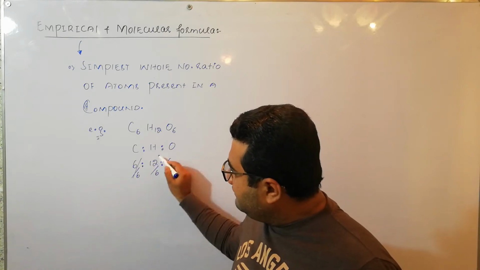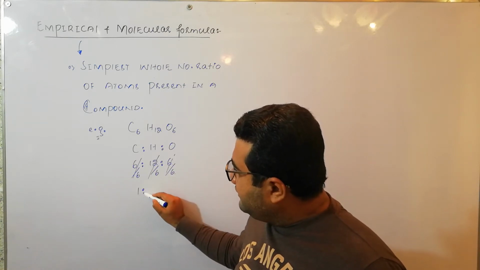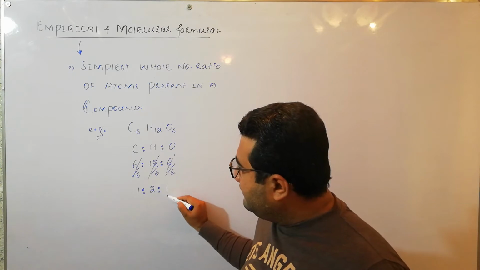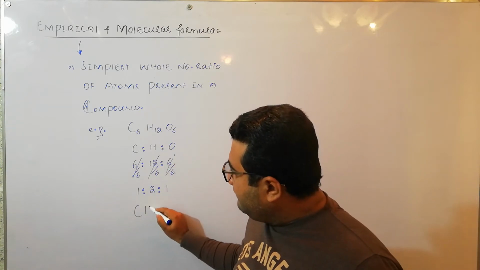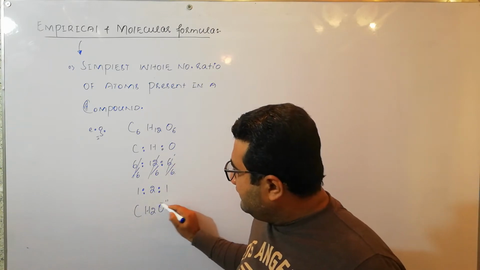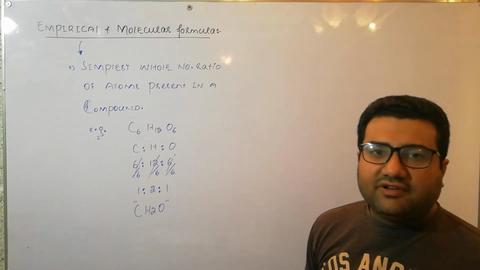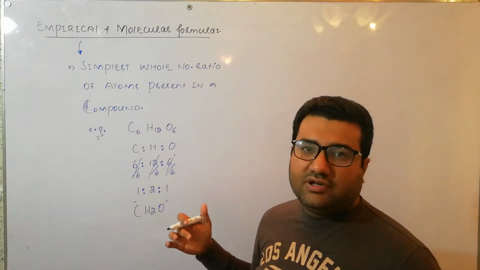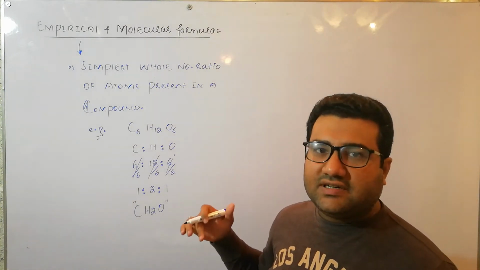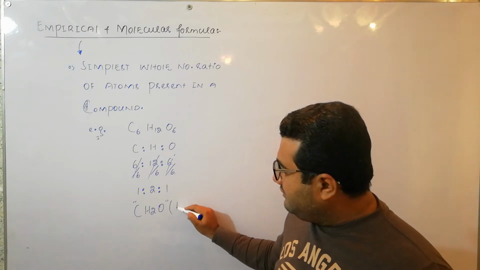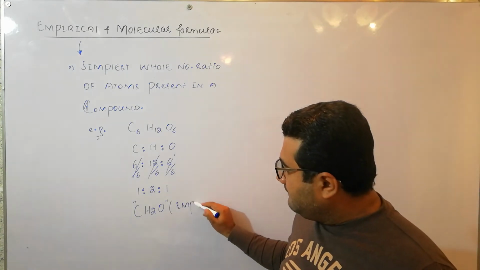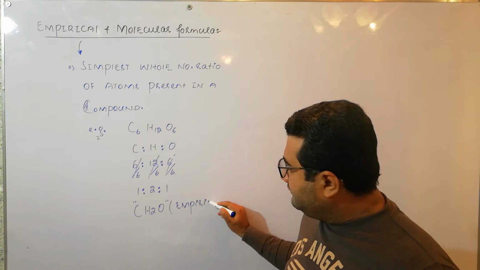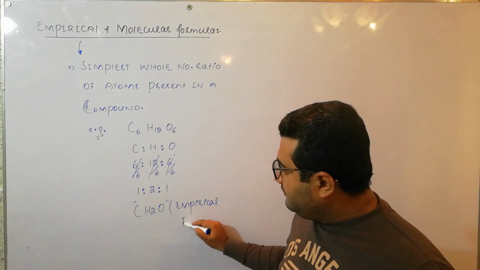So it will become 1 ratio 2 ratio 1. And according to this ratio, the formula will be CH2O. Now this CH2O is the formula that shows the simplest whole number ratio between the atoms which are present in the glucose. So it will be its empirical formula.